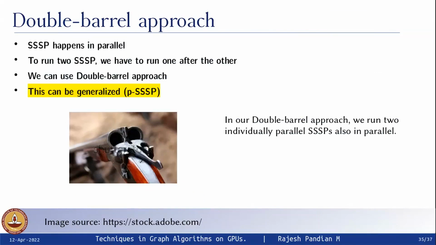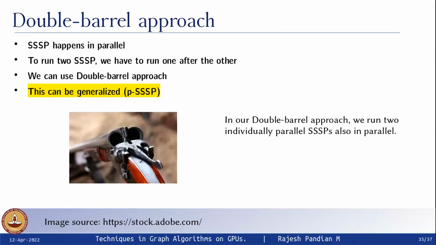So how does this double barrel work? There is this double barrel gun. We load two bullets and press a single trigger, which fires both bullets, right? This is the inspiration, the crux of our technique.